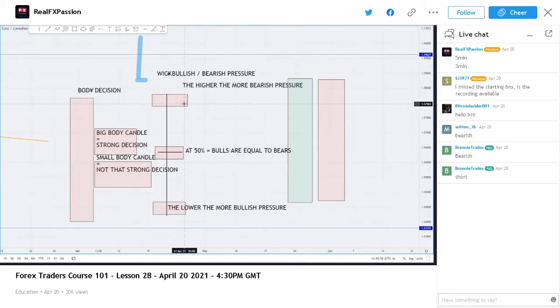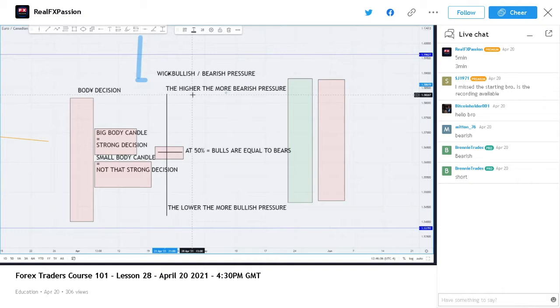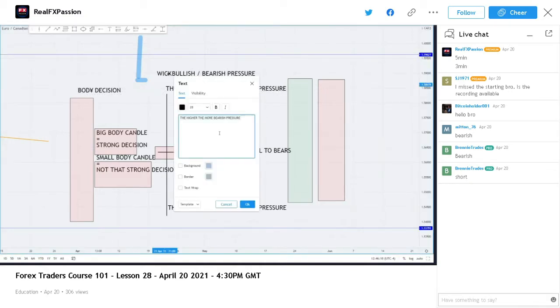Up in here. So the higher, and I didn't say it correctly, right? Wrong English. It's not the higher, right? But the bigger. Let's correct my English, everybody.